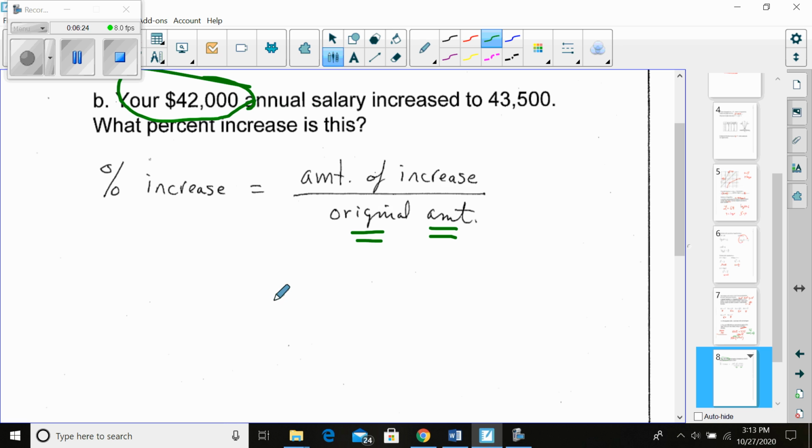So your 42,000 salary increased to 43,500. The percent increase is the amount of increase, which is 1,500, compared to the 42,000, and then we convert that to a percentage. So let me get out my calculator and divide.